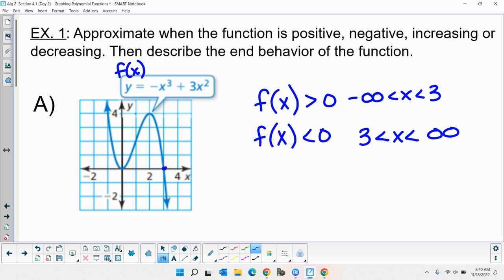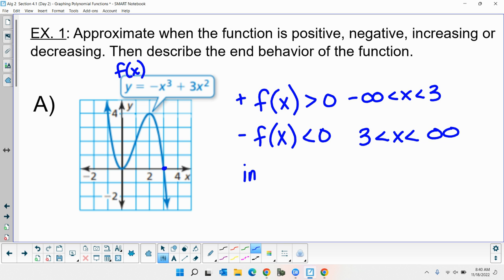Okay? We're just looking at the x values. All right? Now, where's it? So that's positive. Remember, here was the positive, here's the negative, okay?